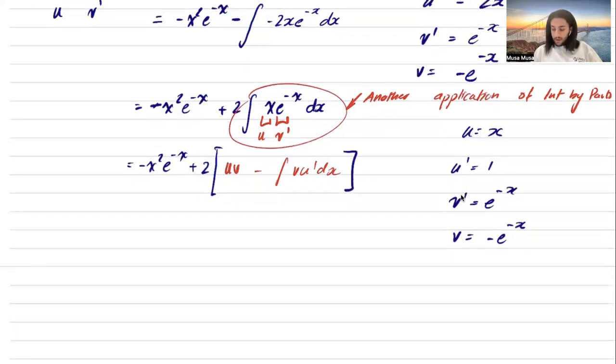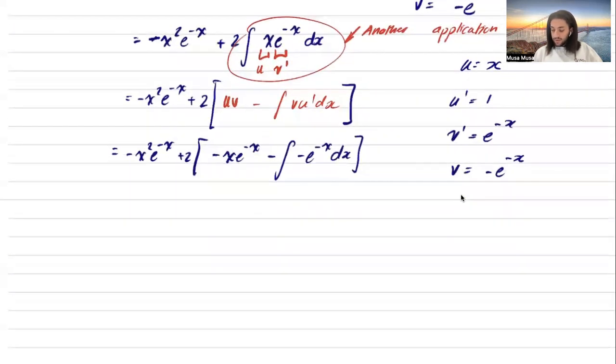So here we get minus x squared e to the minus x plus 2, and then u times v is minus x e to the minus x minus the integral of vu dash, so minus e to the minus x dx. You can see with all these negatives, it's very easy to mess up. Make sure you don't.